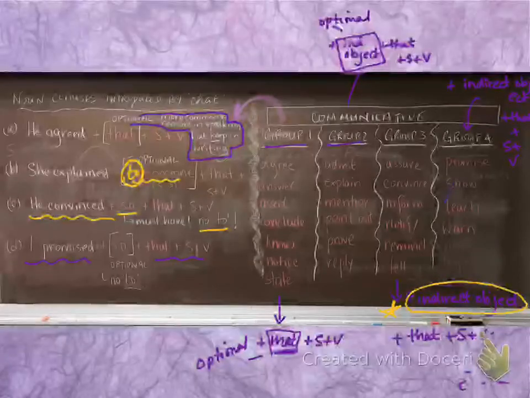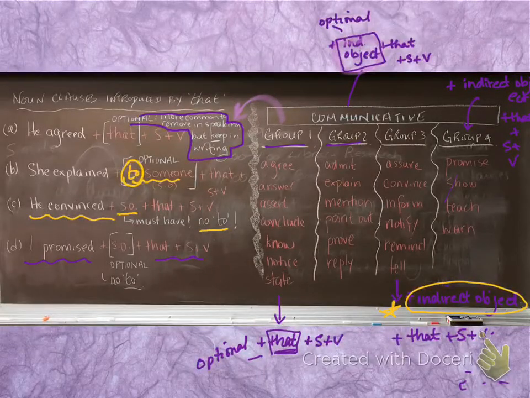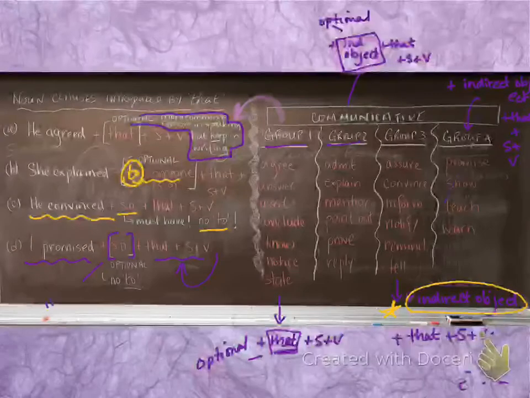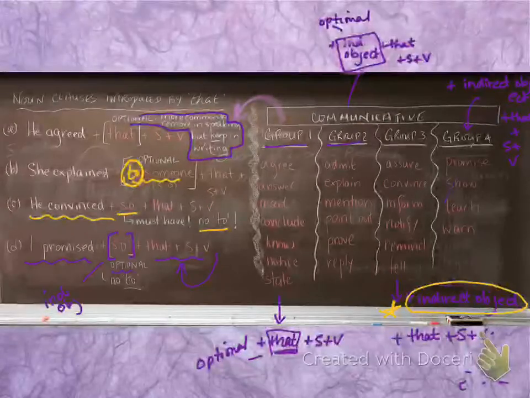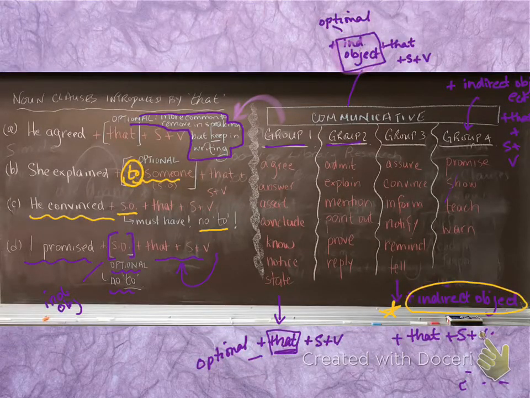Sorry, I'm totally off the chalkboard here, but you see it down here. All right. Again, the someone, which is our indirect object, is optional, and there's no to.